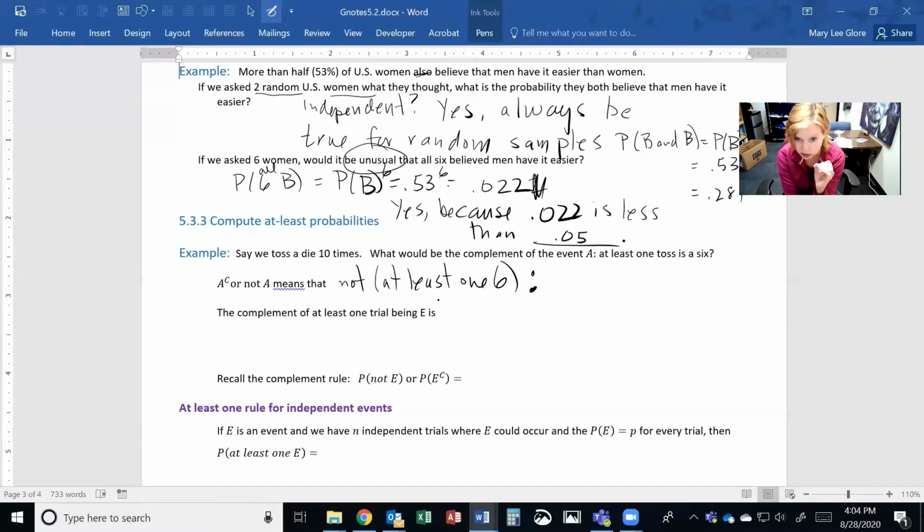0 is not at least 1. 1 time is at least 1. 2 times is at least 1. So the complement is that there are no 6s.